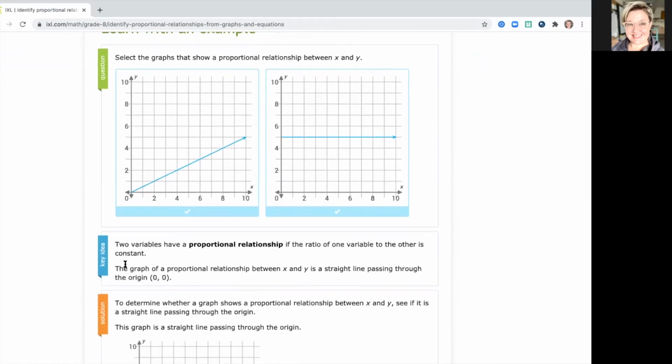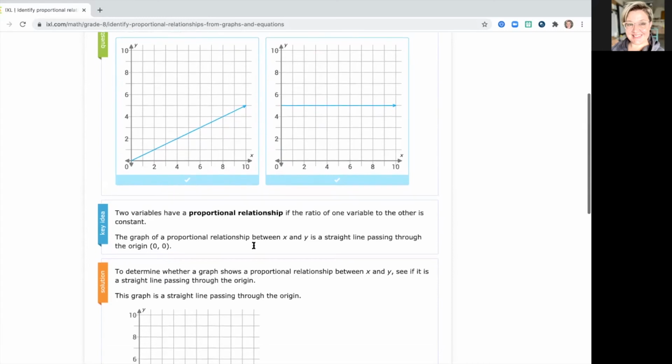Let's remember what that means. Two variables have a proportional relationship if the ratio of one variable to the other is constant. So if the ratio of the x value and the y value stays the same as you move up, that's an equivalent ratio, a proportional relationship.